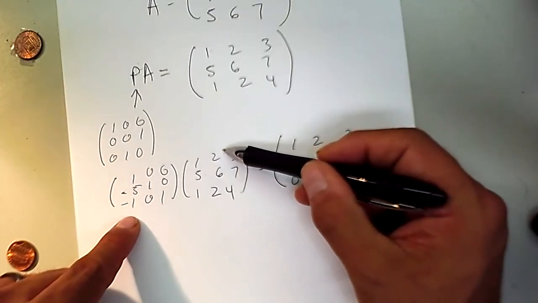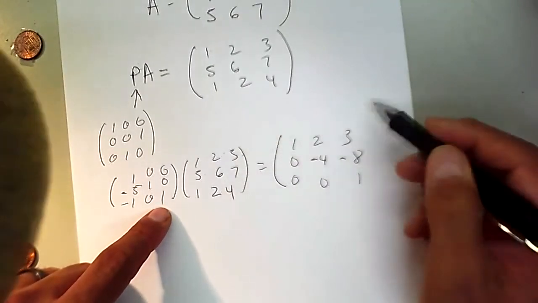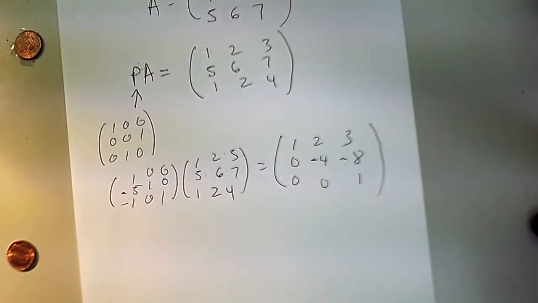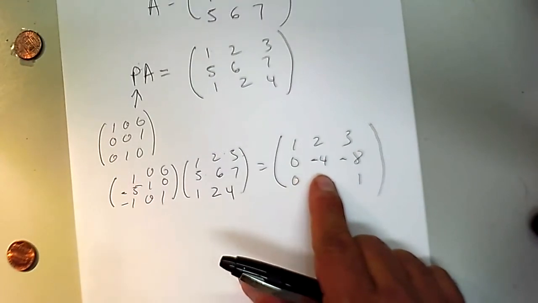Oh, negative 2 plus 2, 0. There we go. So this is already an upper triangular matrix.